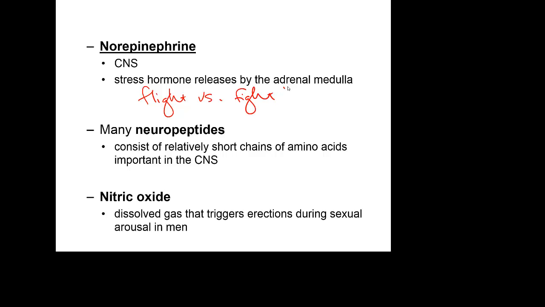You've probably heard of this before. Are you going to run away from the danger, or are you going to face it and fight it? Very different responses for your body to do that. Neuropeptides are involved in something known as endorphins, which you may have all heard of already as well. And endorphins determine how you perceive pain.